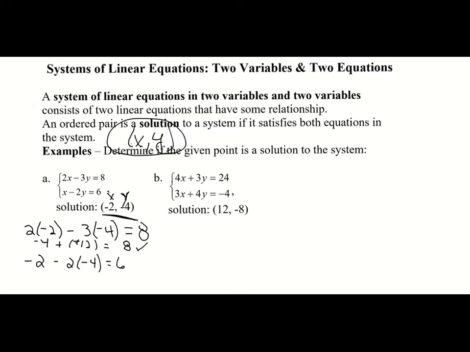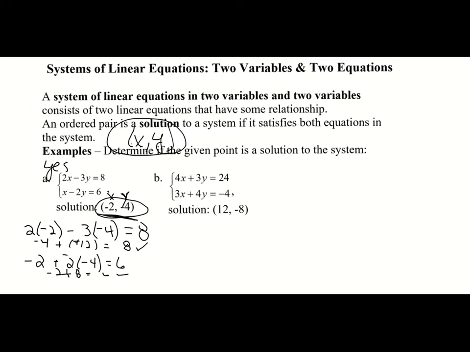We're going to see if that equals 6. I'm going to make this plus a negative, make life easier. Two negatives make that a positive. So -2 plus +8 equals a +6. So it works for both equations. When you substitute in the x and the y value of this ordered pair, -2, -4, it makes the equation true for both. So yes, it is a solution for A.